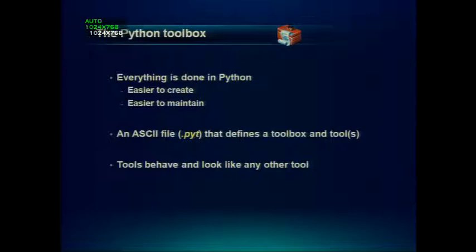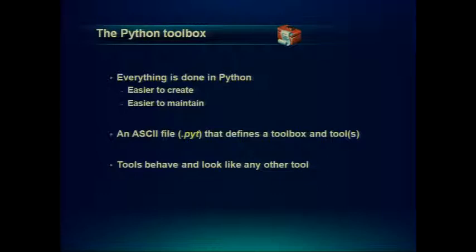Part of the reason I had Dale go through the script tool wizard is that conceptually the Python toolbox and script tool wizard are pretty much the same thing. You just create them in a different way, but things like parameters and validation are really equivalent. And a lot of the code that Dale had, like in the tool validator class, can be taken and adapted just slightly to work in a Python toolbox.